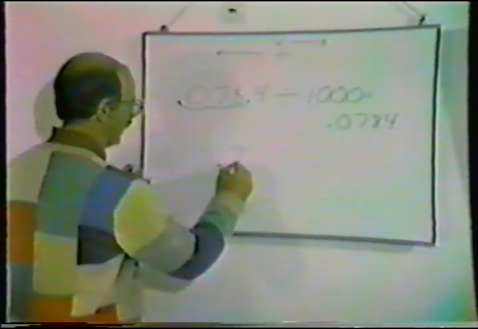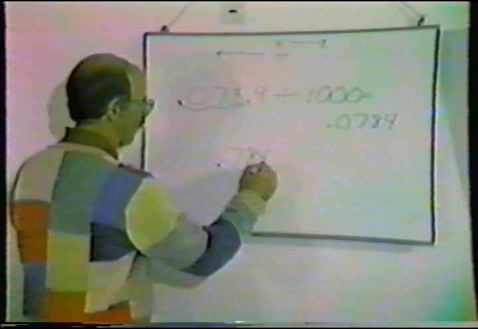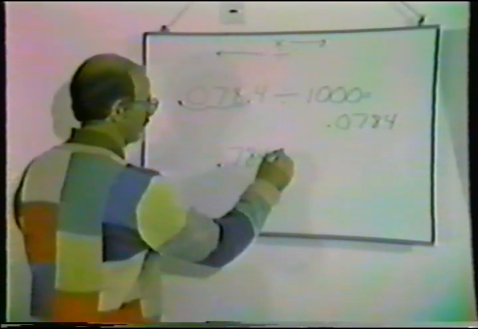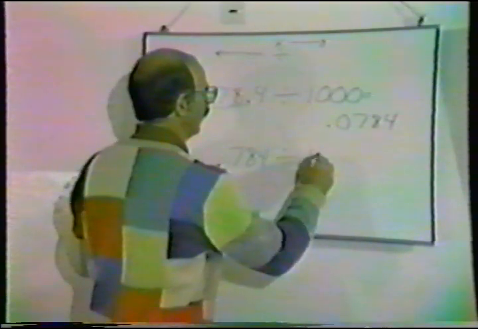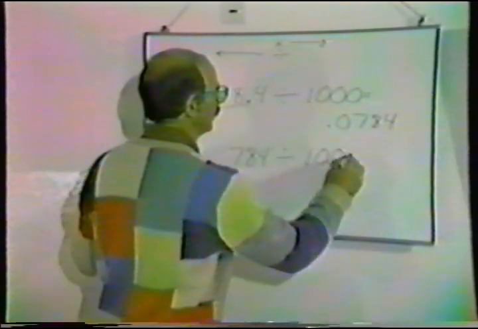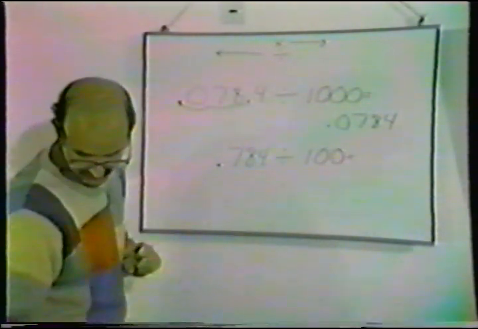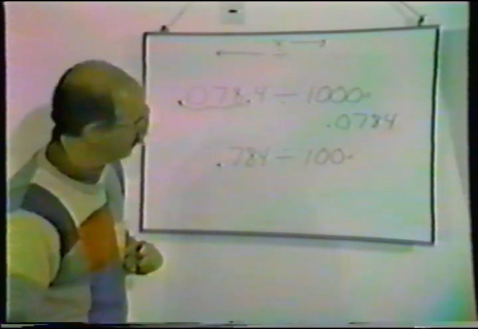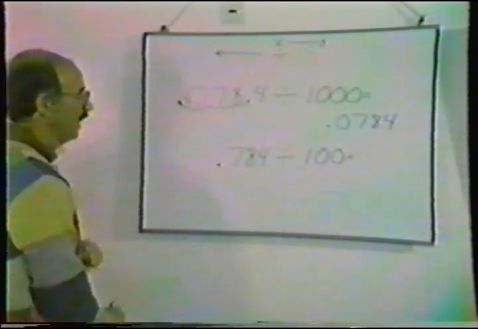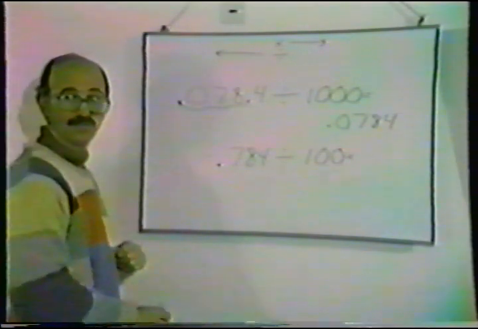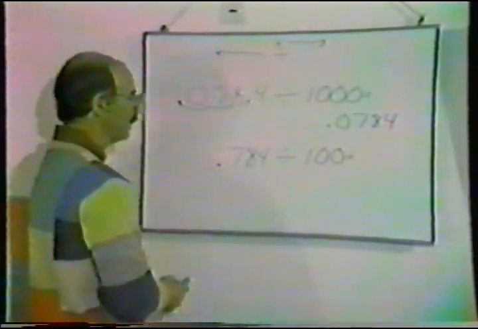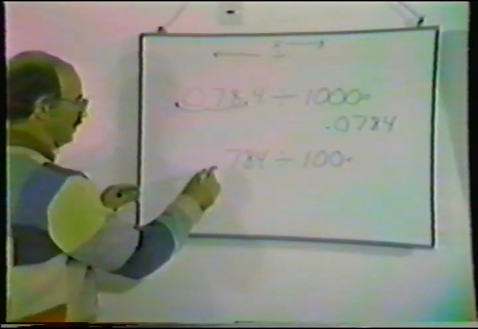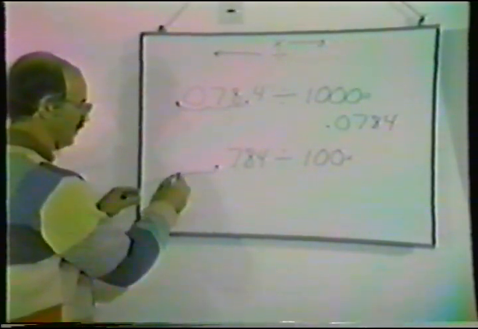Point 784 divided by 100. I'm dividing, so I move to the left. By 100, so I go how many places? 2. 1, 2.